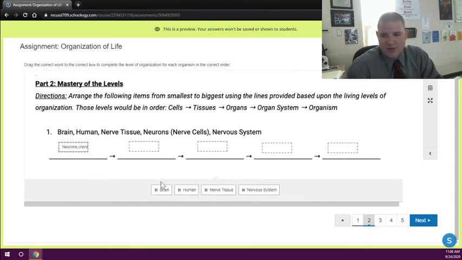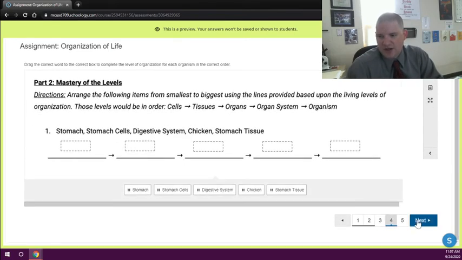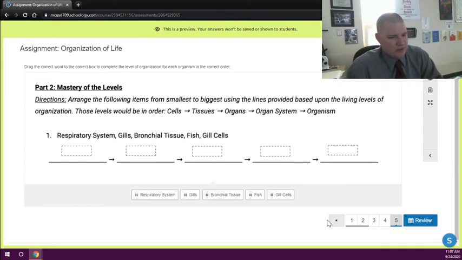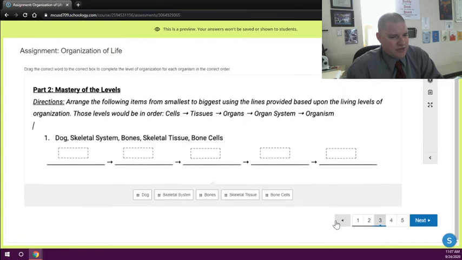So you always start off with some cells, and then you can go into some tissues, system, however you have it working out there. You're going to end up putting it on there in the order that they need to go in. And that order is cells, tissues, organs, organ system, organism. There's a couple of those.